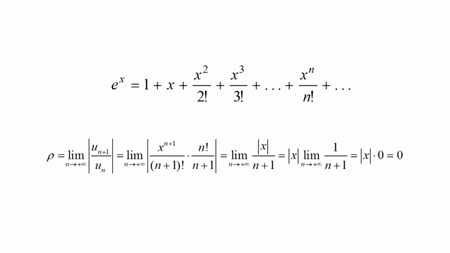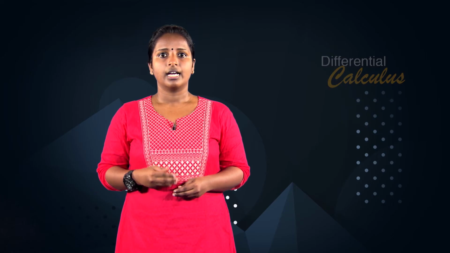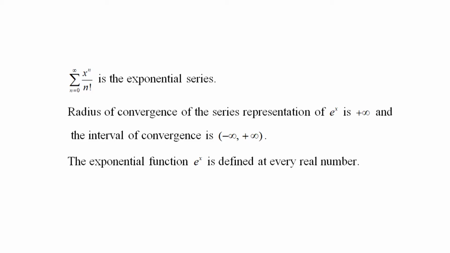Since rho equal to 0 is less than 1 for all x, the series converges absolutely for all x. Thus, the interval of convergence is the open interval negative infinity to positive infinity, and the radius of convergence is R equal to positive infinity. As observed above, the series summation x^n upon n factorial, n from 0 to infinity, is the exponential series.